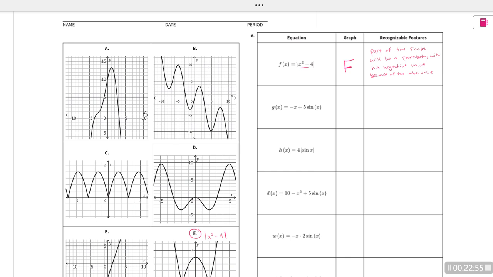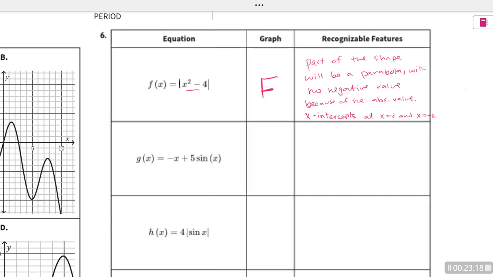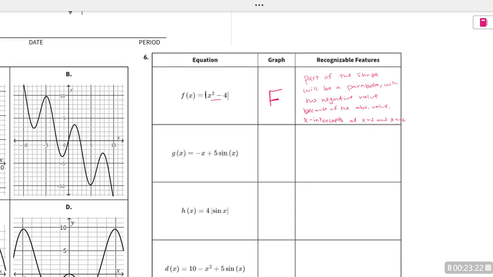And we do see the two x-intercepts at 2 and negative 2, so you could also use the x-intercepts to help you reconfirm, right? I'll add that. X-intercepts at x equals 2 and x equals negative 2. And the y-intercept is often a really good one to look for as well to confirm.